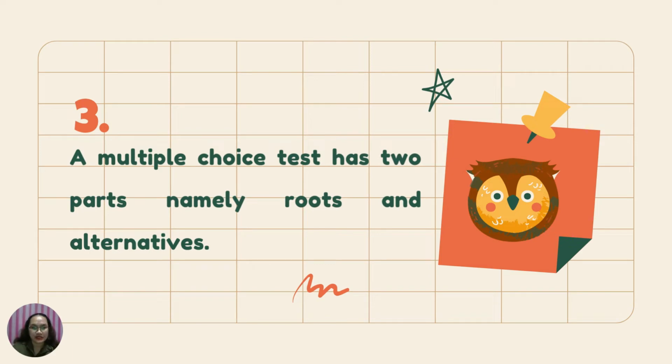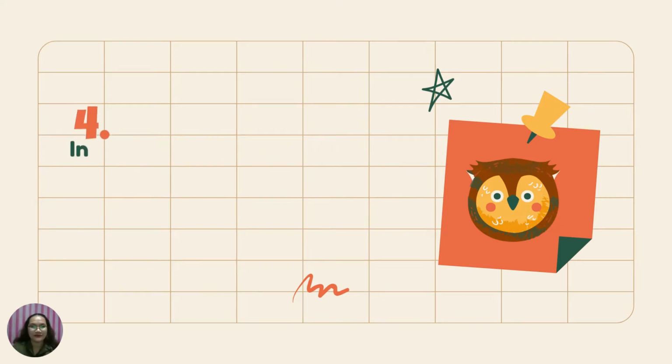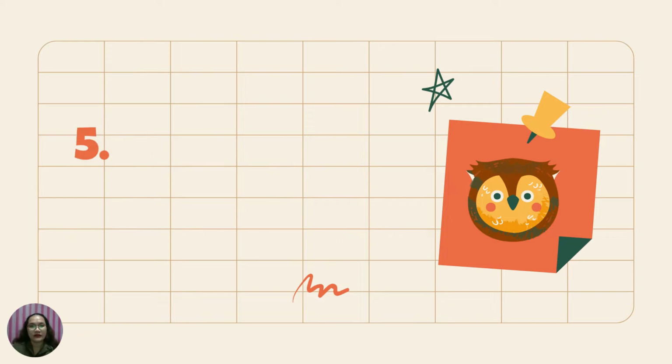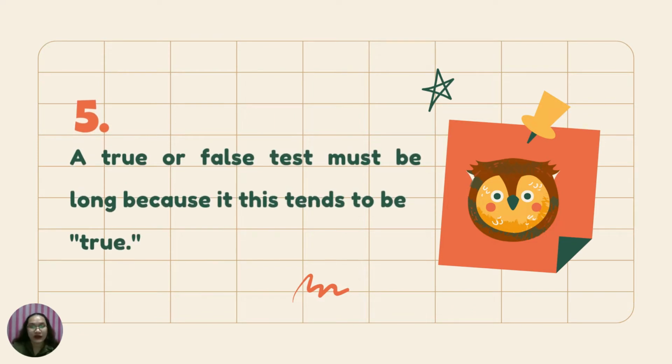A multiple choice test has two parts, namely roots and alternatives. Number 4. In a multiple choice test, a STEM is the question or the problem that needs to be answered. And then number 5, a true or false test must be long because this tends to be true.